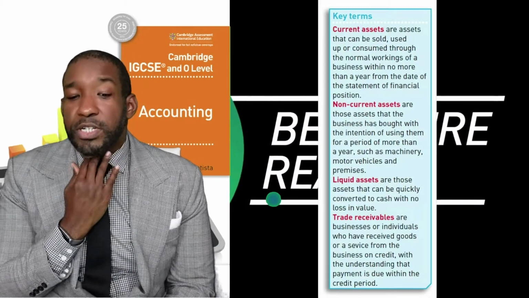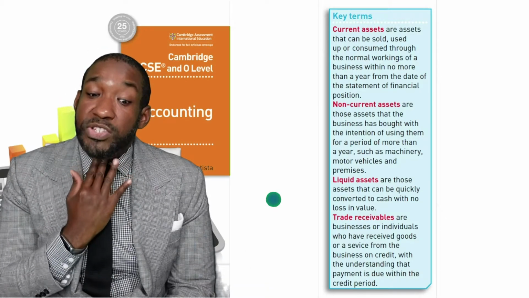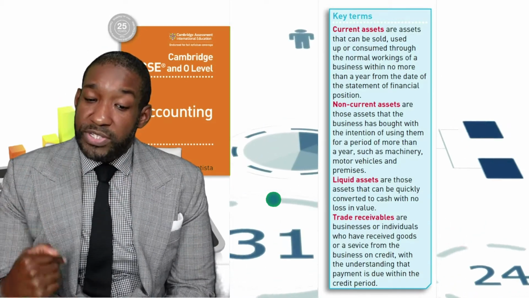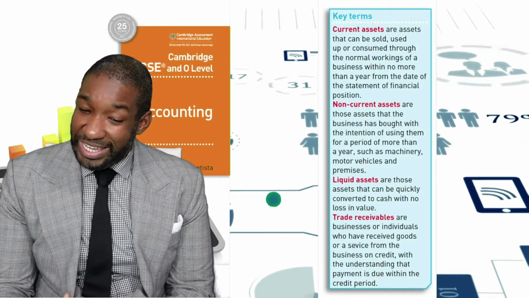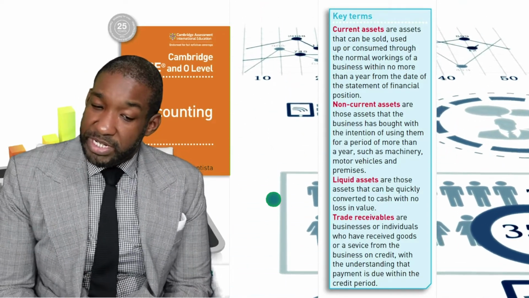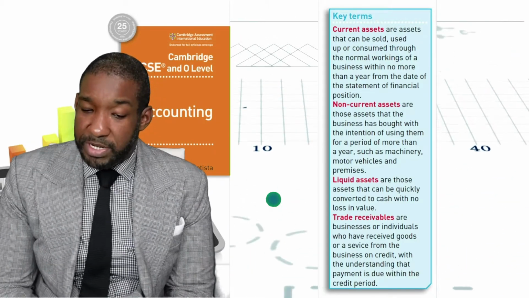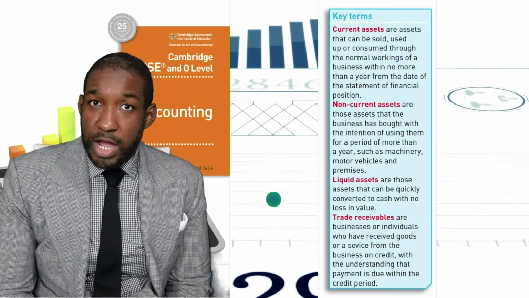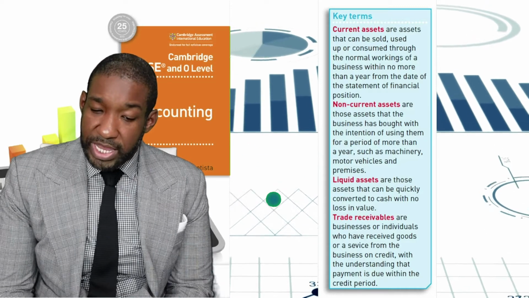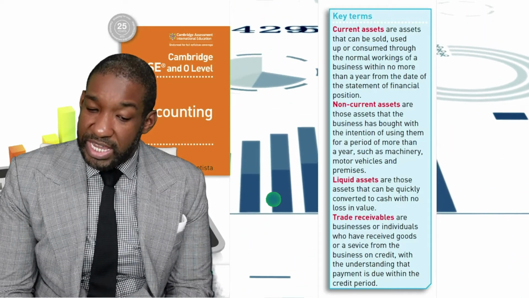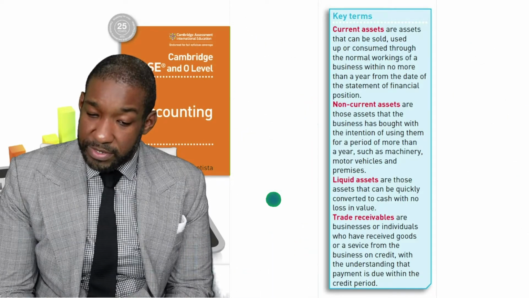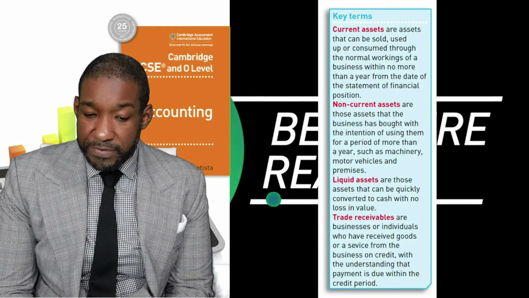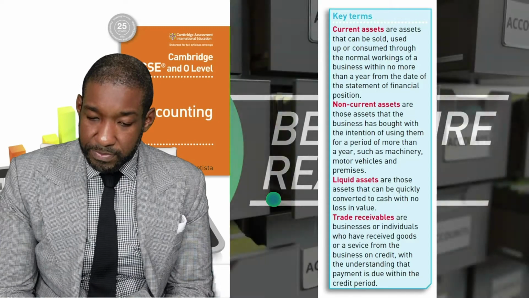Key terms. Current assets are assets that can be sold, used up, or consumed through the normal workings of a business within no more than a year from the date of the statement of financial position. Non-current assets are those assets that the business has bought with the intention of using them for a period of more than a year, such as machinery, motor vehicles, and premises.